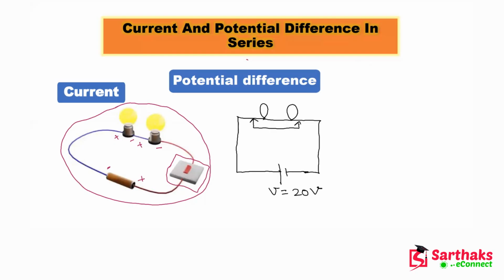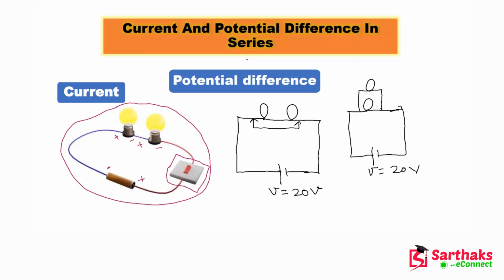But when you connect these bulbs in parallel, like this, then what happens? This voltage V, which is 20 volt, will directly go to these bulbs.